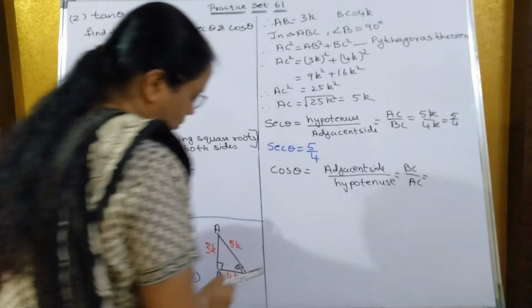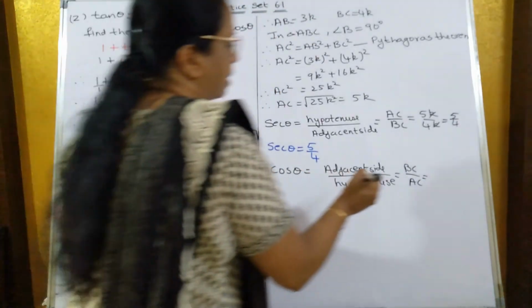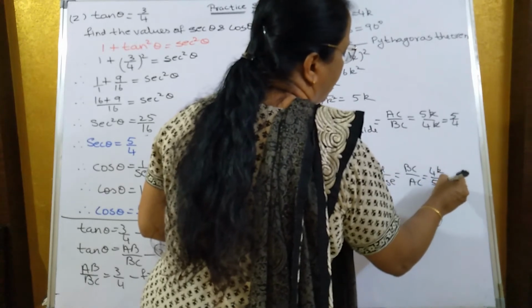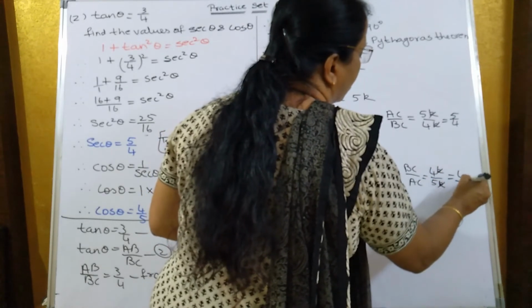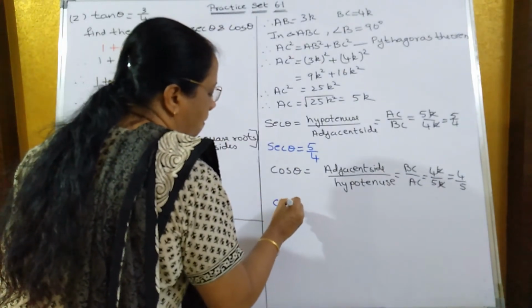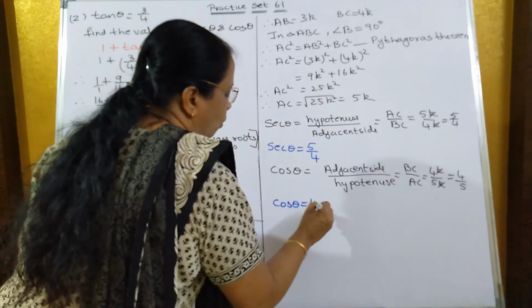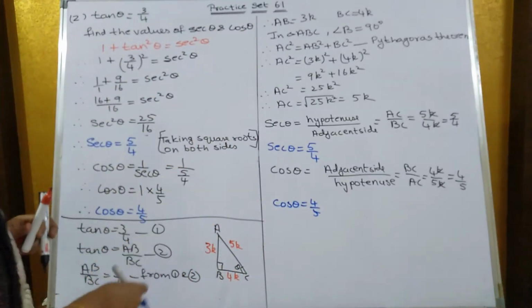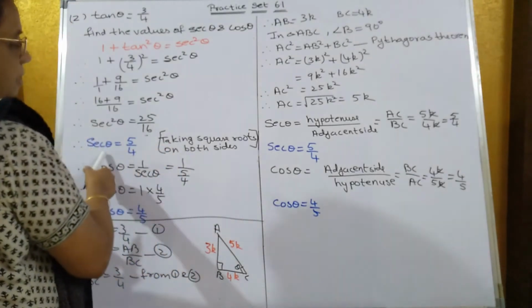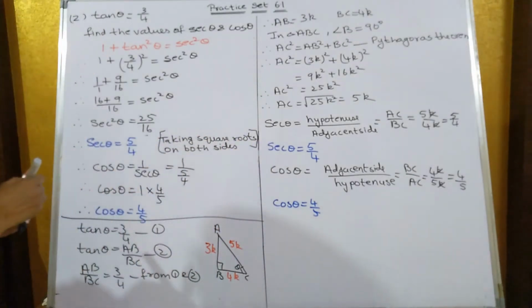BC is equal to 4K and AC is equal to 5K. So 4K upon 5K, K and K will get cancelled, so that's equal to 4 upon 5. So cos theta is equal to 4 upon 5. So if you compare both of them, you are getting the same answer. Cos theta is equal to 4 upon 5 and sec theta is equal to 5 upon 4.